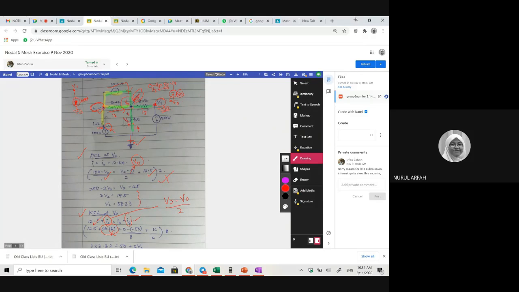So your I4 is correct. V naught minus 0, which is this one. But this part, it's actually V naught minus 50. So this one is wrong. The 0 here should not be 0. It should be, let me rewrite this one.